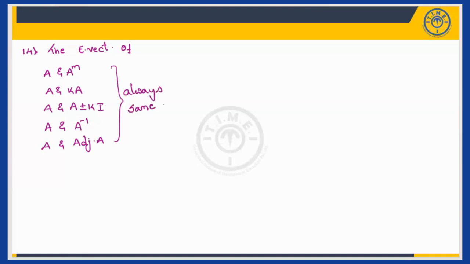Their eigenvalues may differ, but their eigenvectors are always same. Okay, and the eigenvectors of A and A transpose are not same. Remember, A and A transpose have many things in common. They have the same determinant, they have the same rank, they have the same eigenvalues, but their eigenvectors are not same.